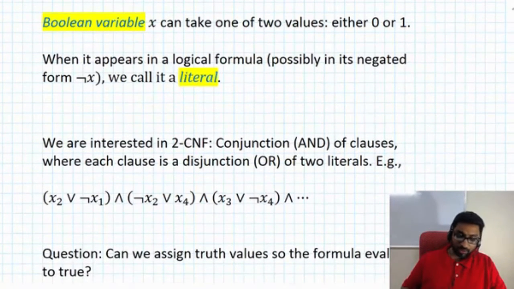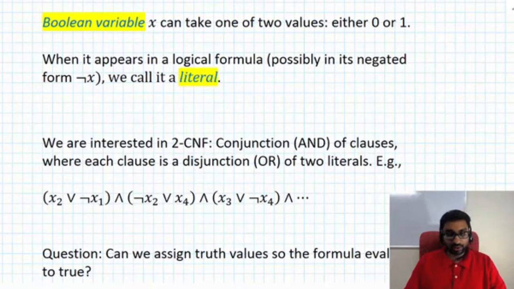Okay. And in particular, in the 2-SAT or more generally in the k-SAT problem, we're interested in logical formulas that conform to the CNF format. What is that? Well, it's a conjunction of several clauses, and each clause is a disjunction of literals.